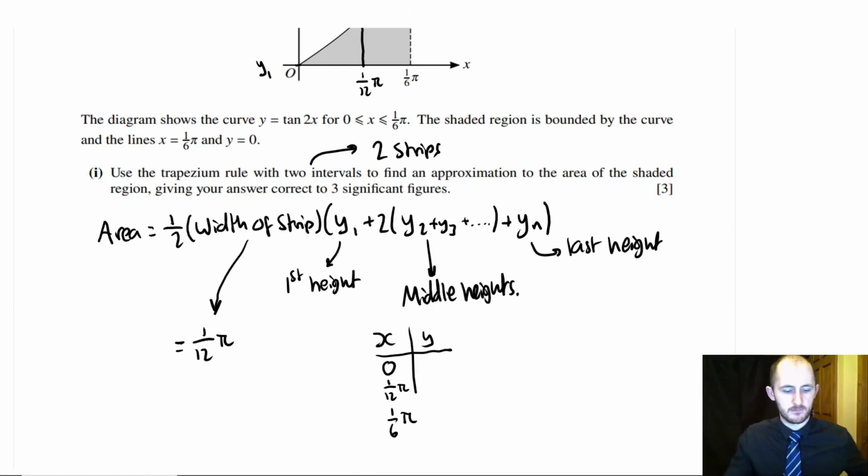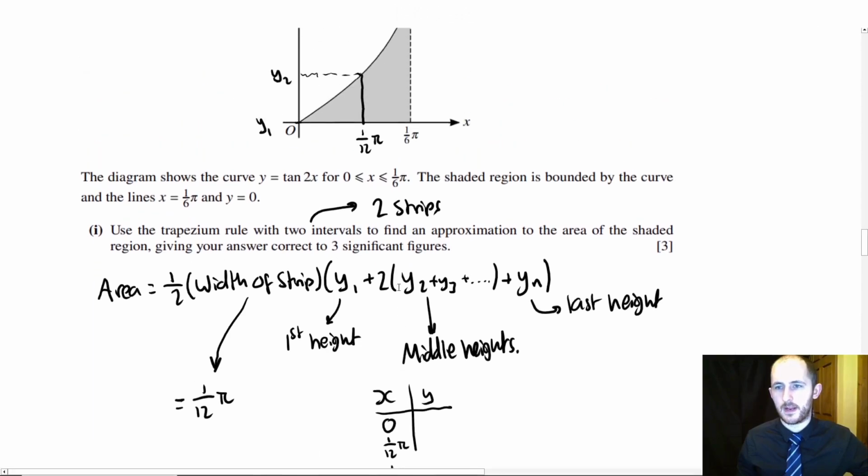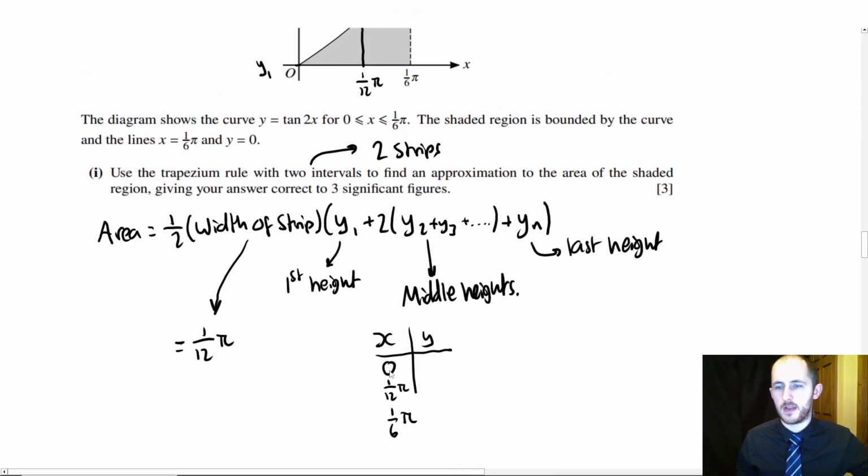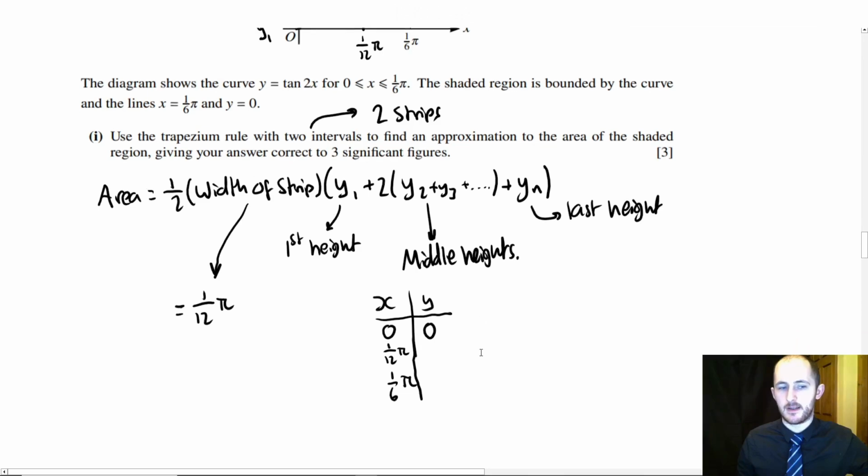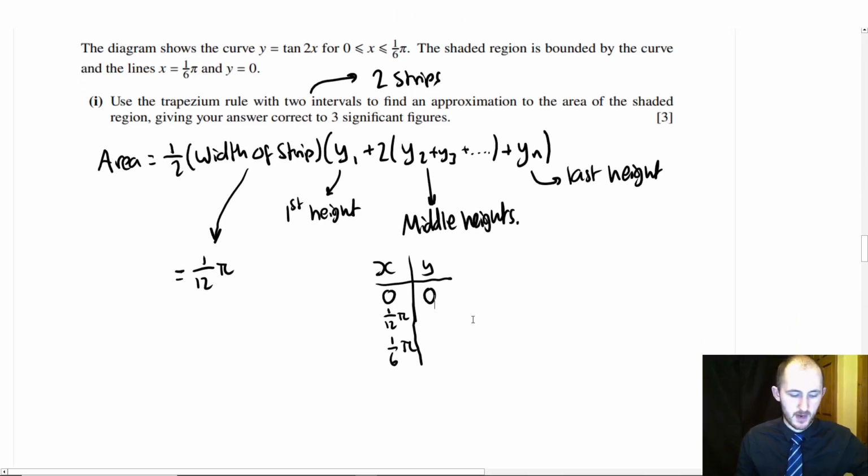So you can just get a calculator up and use that. Or you can work it out. So tan of 2 times 0, so that's tan of 0, which is obviously 0, which you can see from the graph. Tan of 2 times 1 over 12 pi would be tan a sixth pi, which is root 3 over 3.